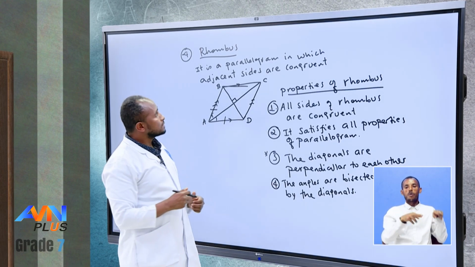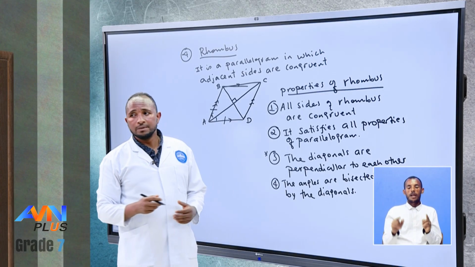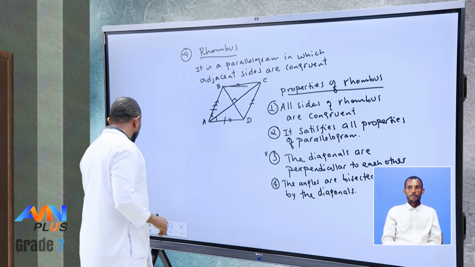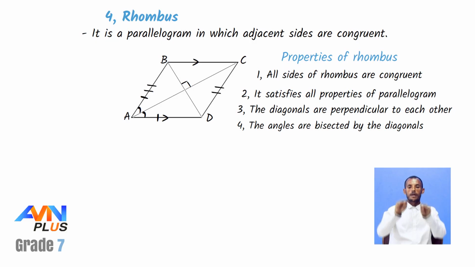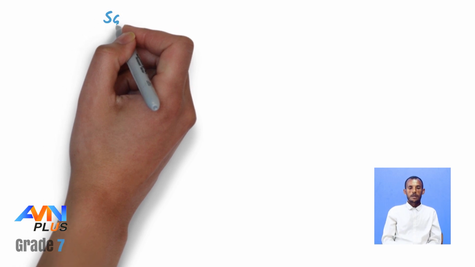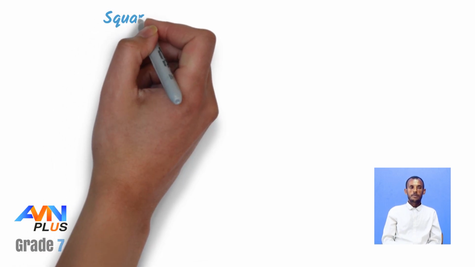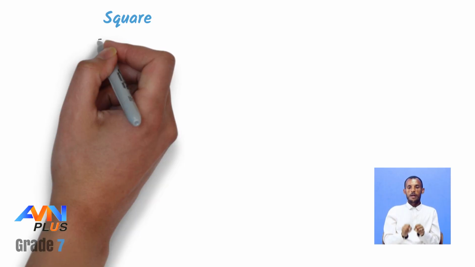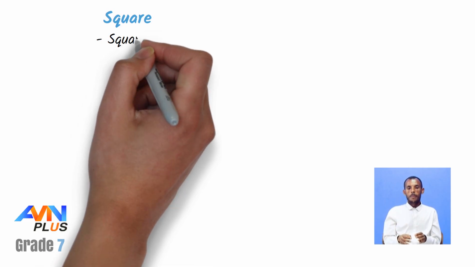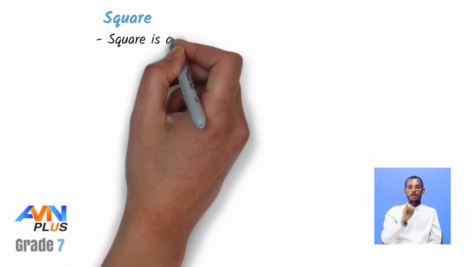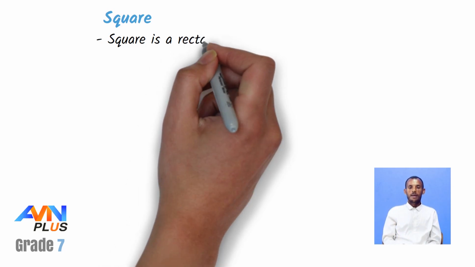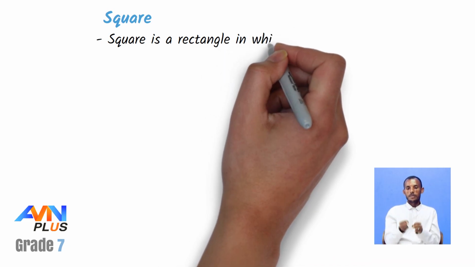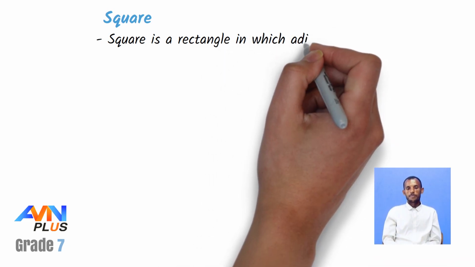The next special parallelogram is the square. Now we'll proceed to that. We can define a square in different forms. One, a square is a rectangle in which adjacent sides are congruent.